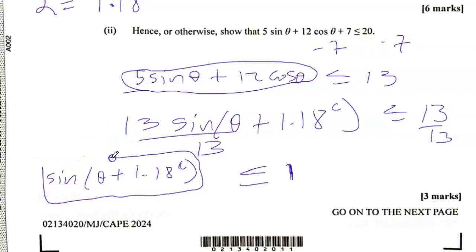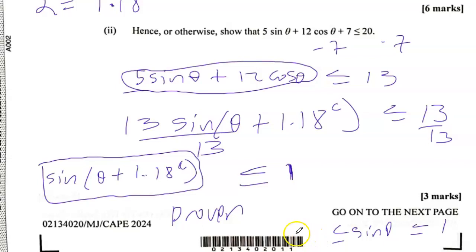Therefore, proven. Let's recall that the maximum value we can have for sine theta is 1, and the smallest value is -1. Another way to look at it is that the maximum value this expression can be is 13.